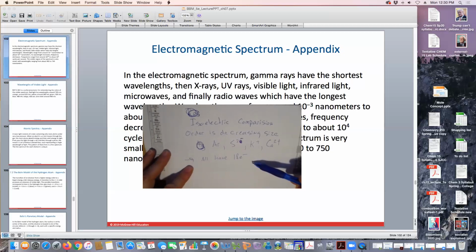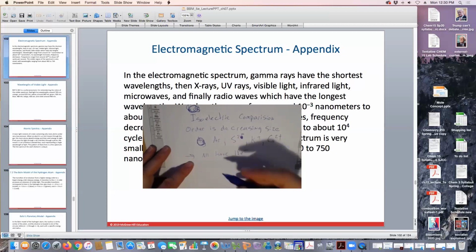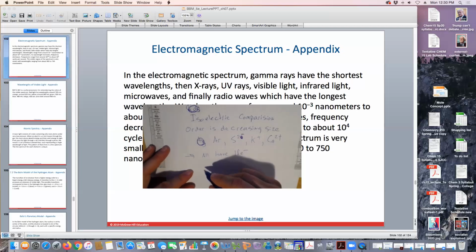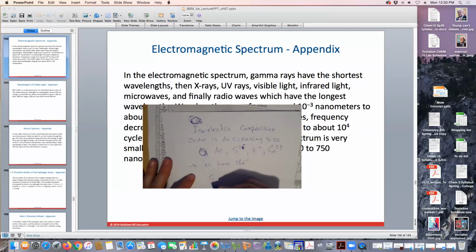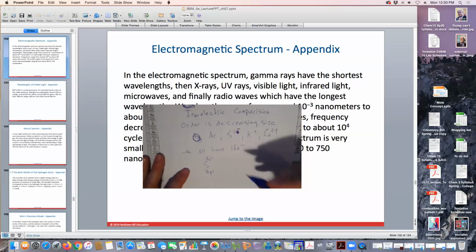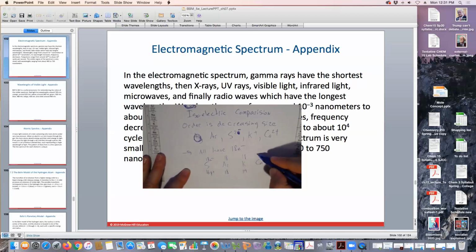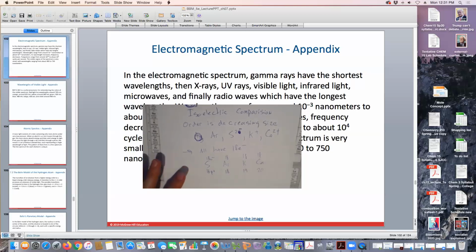If I look at the periodic table, sulfide has 16 protons, 18 electrons, right? Argon is the noble gas, so it's 18 and 18. Potassium would be 19 and 18, and calcium would be 20 and 18. So which one's going to pull in the electrons the most?